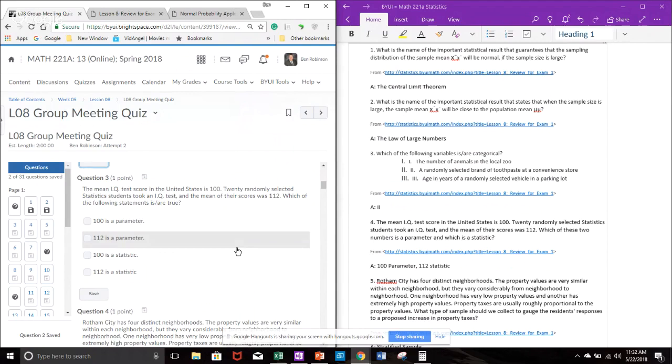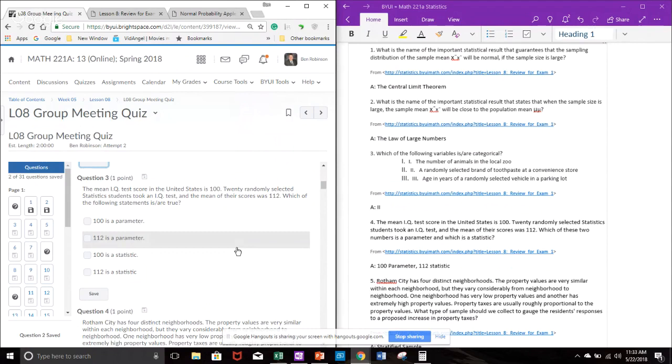Okay, question 3. The mean first quartile test score in the United States is 100. 20 randomly selected statistics students took a quarter test, and the mean of their scores was 112.